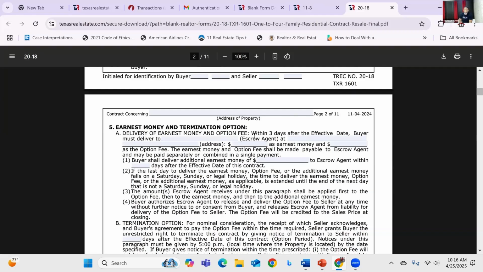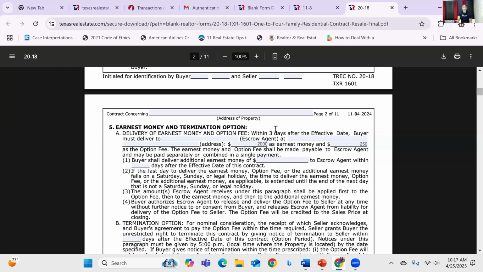All right. So the effective date is the effective date. If we went on the contract and you had put $2,000 for earnest money and then the $250 here, essentially what you're saying is that on the effective date, which is the date of execution, today, they would have to put $2,000 and they would have to put the $250 within the required 3 days here.